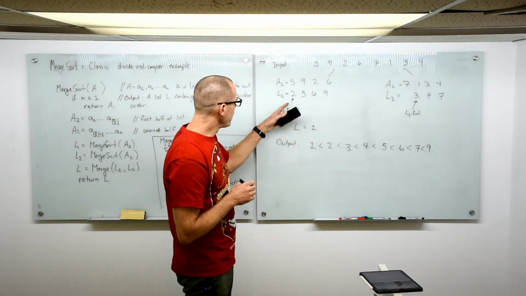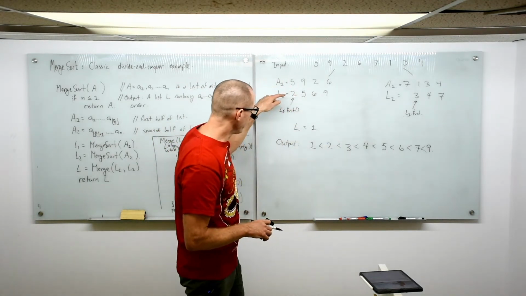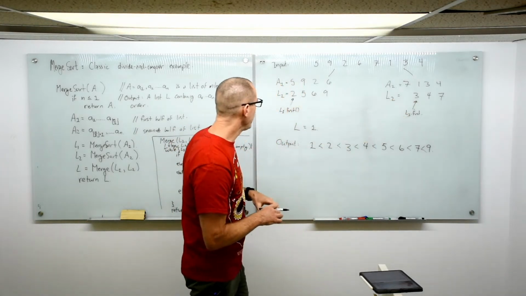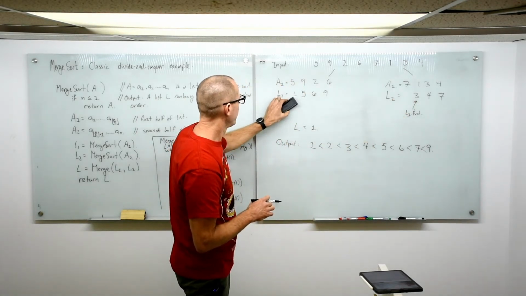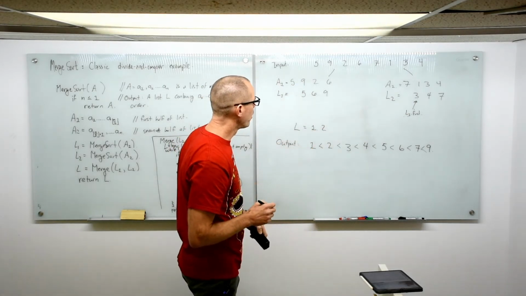So here in this example, we started looking at 1 and 2. We put 1 there. Now we're looking at 2 and 3, so we'll put the 2 there and remove it from L1.